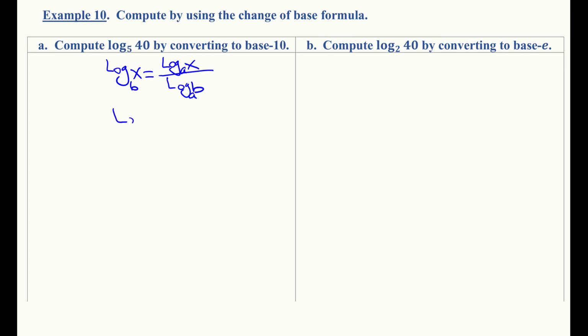So we can take log base 5 of 40. Here the b is 5, the x is 40. Since we want to use base 10 logarithms, we're going to choose a to be 10. On the top we need 40, and on the bottom we need log base 10 of the original base, which was 5.